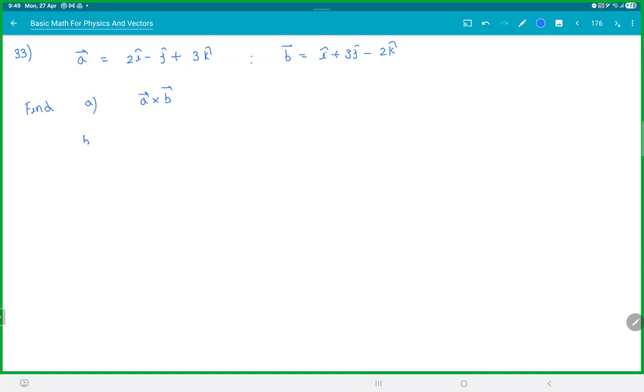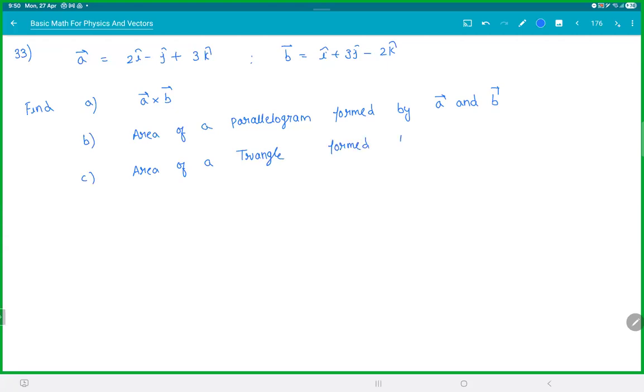Straightforward, you know how to do that. Area of a parallelogram formed by a bar and b bar. Actually, if you get the first one, you get everything. Area of a triangle formed by a bar and b bar.